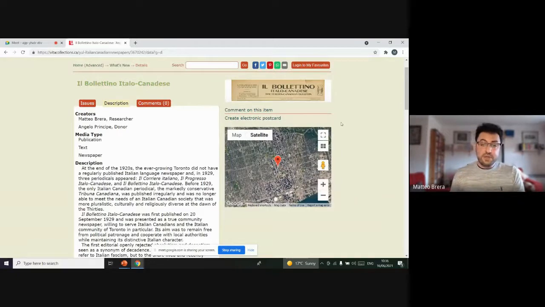An interesting feature is also the map, because it allows researchers and visitors to locate where the newspaper was located in town. In this case, it was in the heart of the Little Italy. Toronto's Little Italy was along Elm Street.